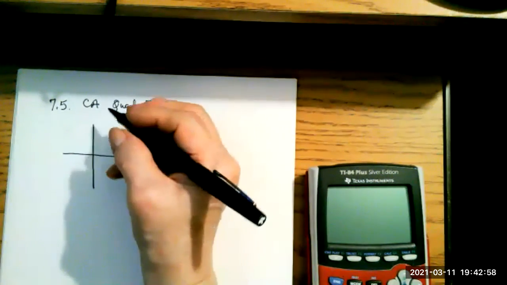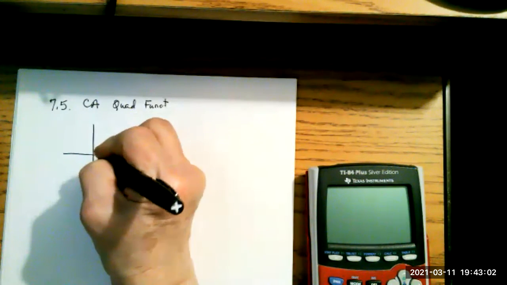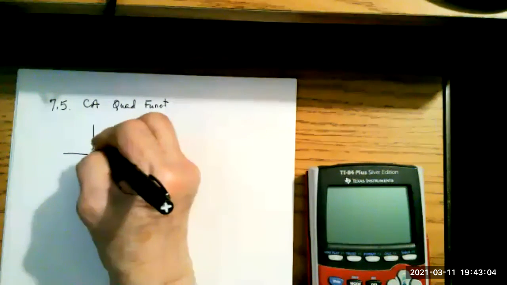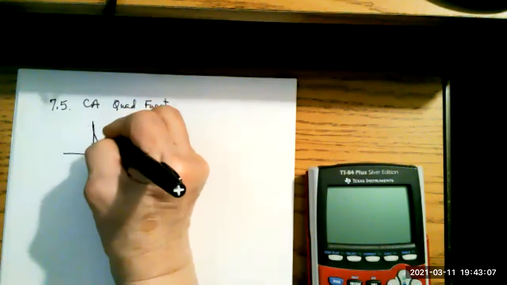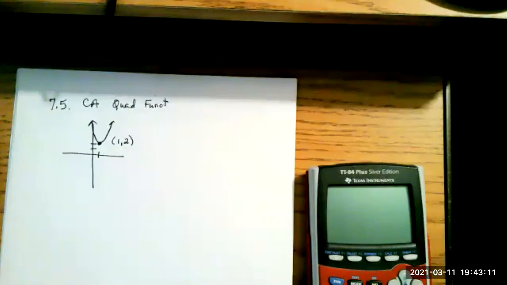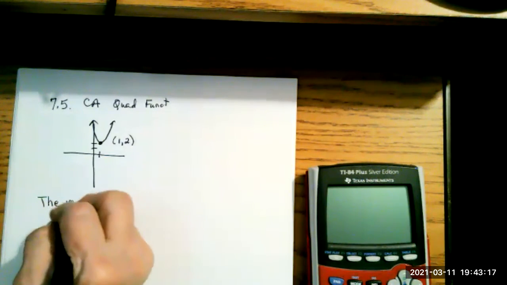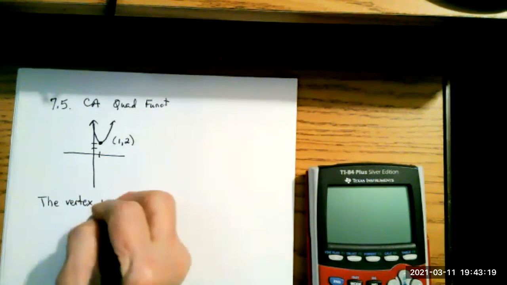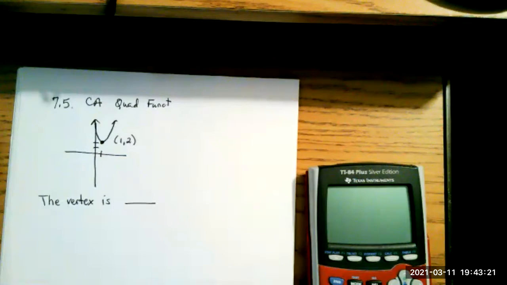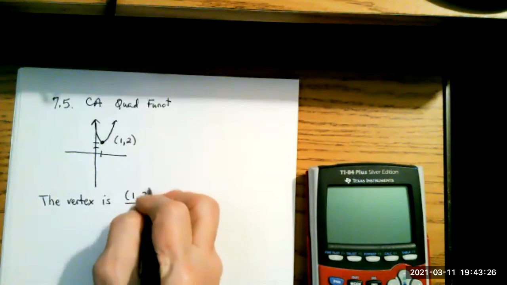Well, I don't think you're going to need that because they go ahead and give you your vertex. Your vertex is at 1, 2. So the first blank says the vertex, they gave you the point, is, and it has a blank. So all you do is put in 1, 2.